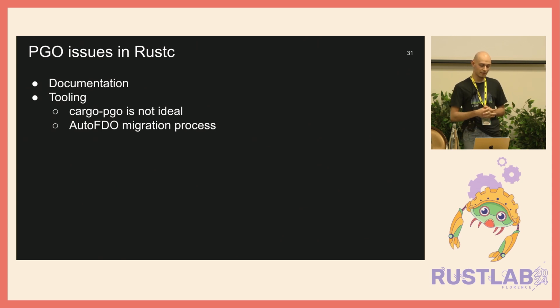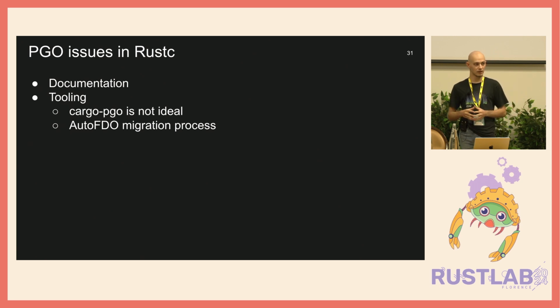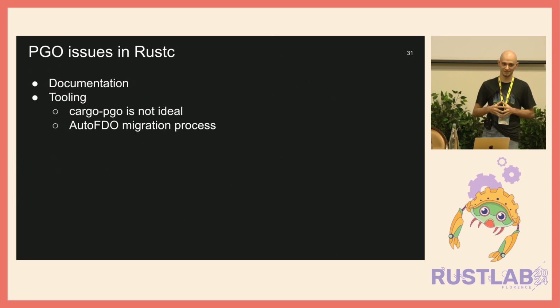And another thing, after the PGO migration process, there is a movement about migrating AutoFDO directly to the LLVM repository. It's a good thing. The bad thing is that they are trying to semi-silently drop the GCC support and move it directly to the GCC repo.